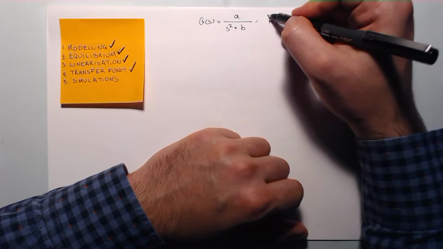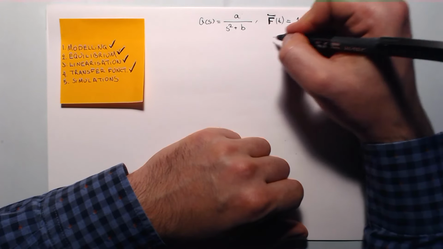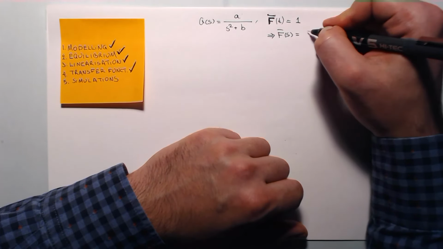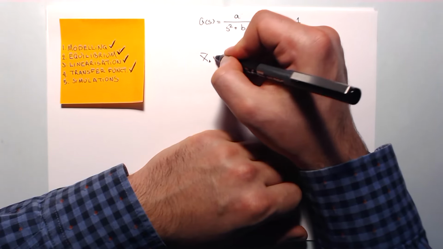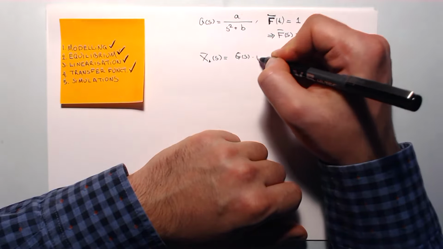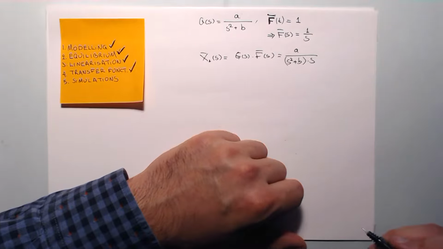Of course, always we're talking about deviation variables, f bar, not f. This implies that in the s domain we have 1 over s, which means that x1 bar, the output, is the transfer function g of s times the input f bar of s. And this is what we have.